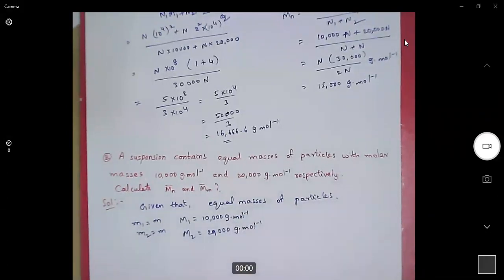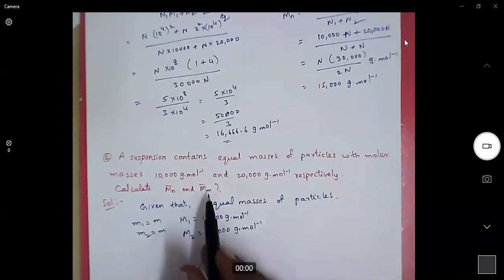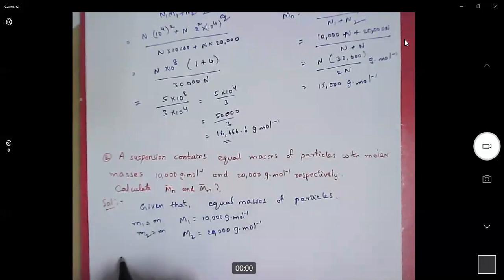Now what is the formula to calculate Mn bar and Mw bar? When small m mass and molecular mass are given, we know the direct formula for Mw bar. Mw bar, the mass average molar mass, is given by small m1 capital M1 plus small m2 capital M2, because there are only two particles, by m1 plus m2.